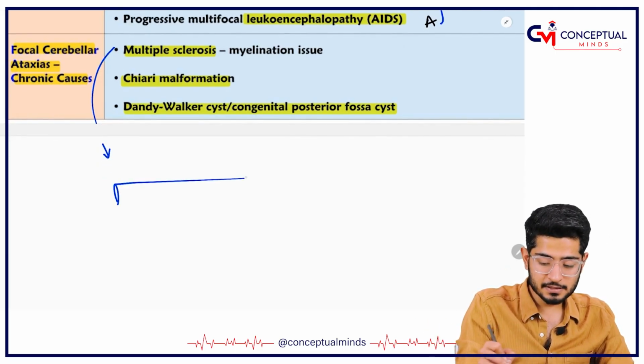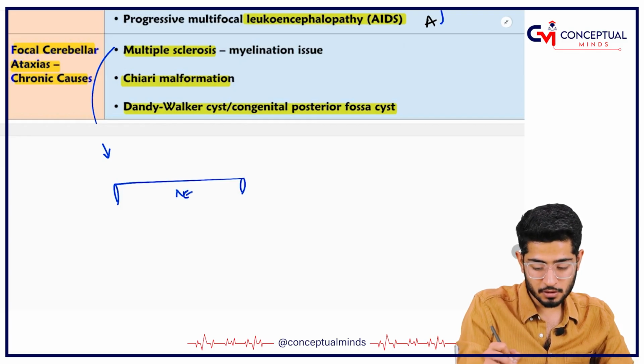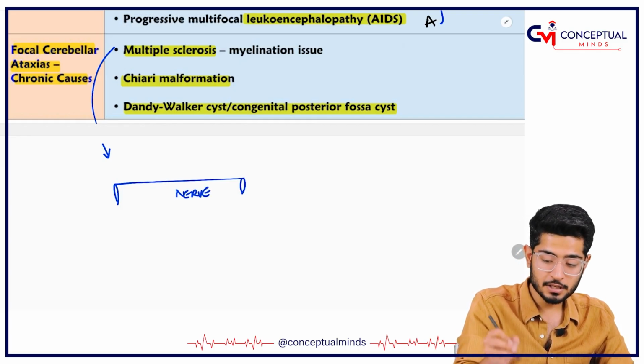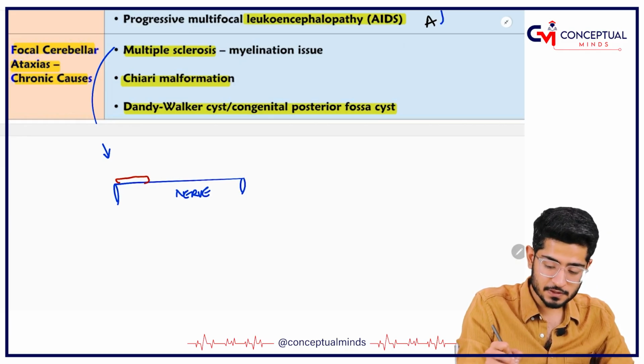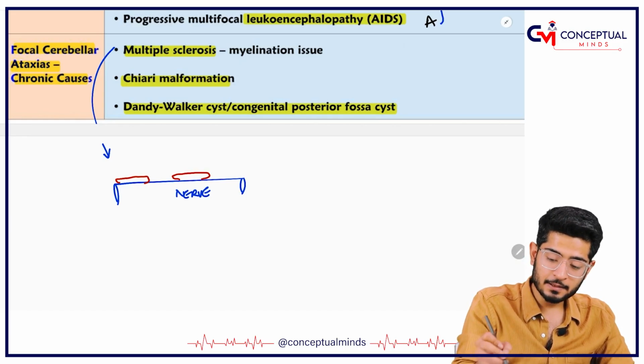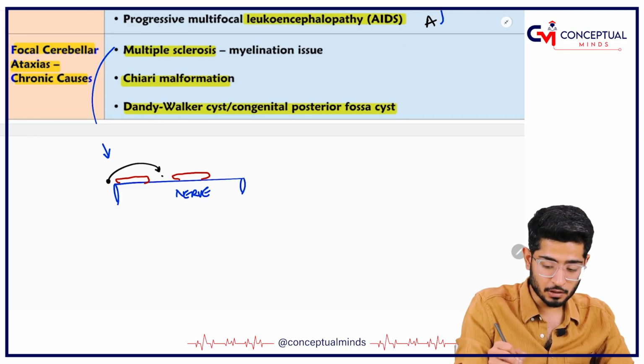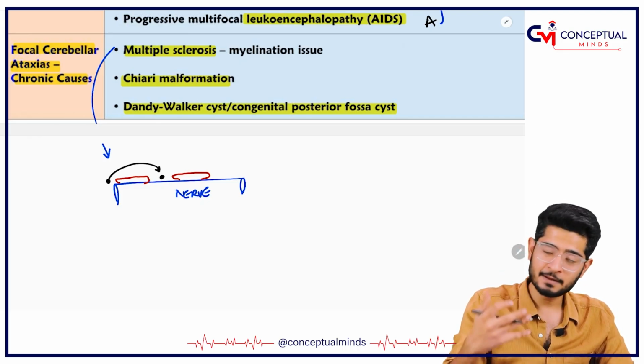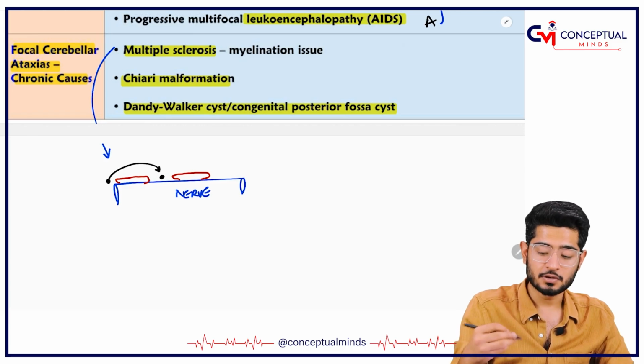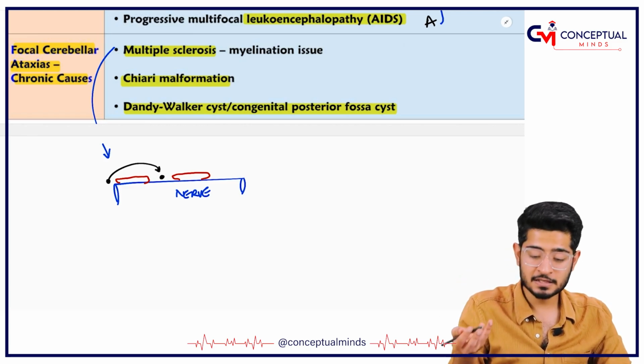So what do you mean by myelination issues and multiple sclerosis? For example, this is a nerve which is going on, and this is the myelin which is there in the nerve sheath. The function of myelin is that when the nerve impulse is coming here, it causes the impulse to jump, and the movement of the nerve impulses is going to be very fast.